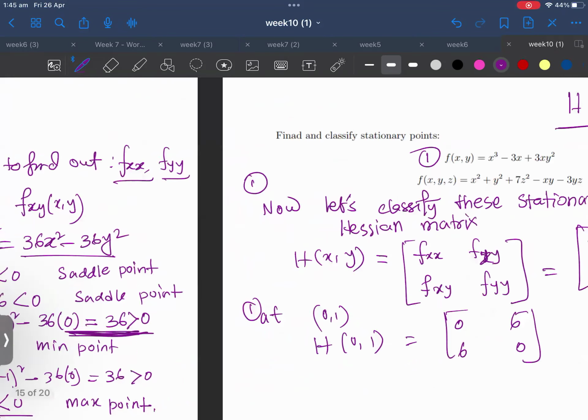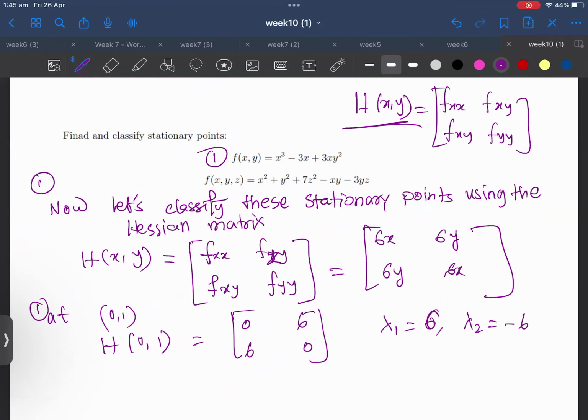Remember that. 6x is 0 at 0, 1. So lambda 2 is minus 6.